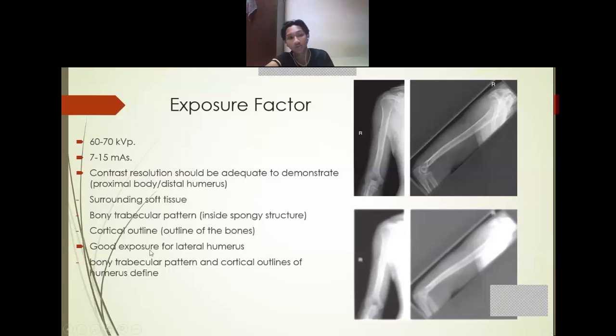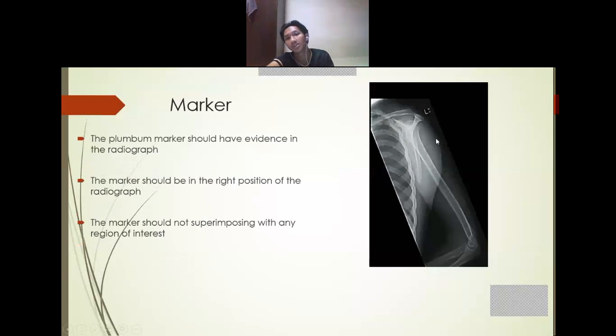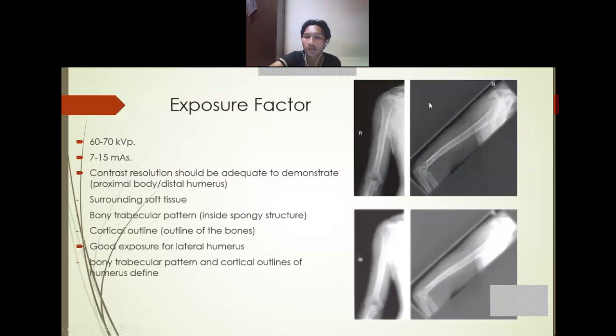For a good exposure of the lateral humerus, the bony trabecular pattern and cortical outline of the humerus are defined. This is an example of the best exposure factor. It looks good. And this is a bad exposure factor. This may be because of high kVp or high mAs.